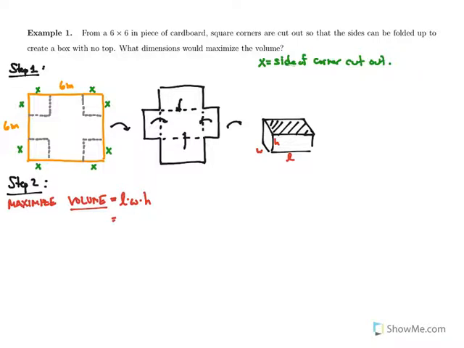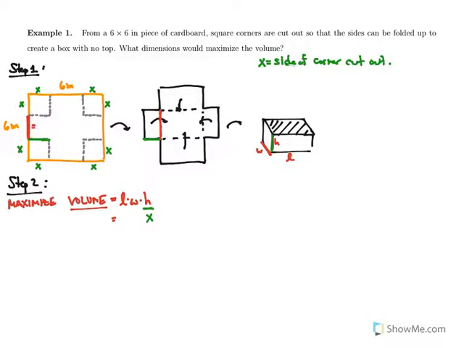Well, here the height is going to be the height of one of these sides that we fold up, which is going to be the length of the square that we have. So h here is just going to be equal to x. The width, which we'll call this guy right here, is going to be this length in our picture.